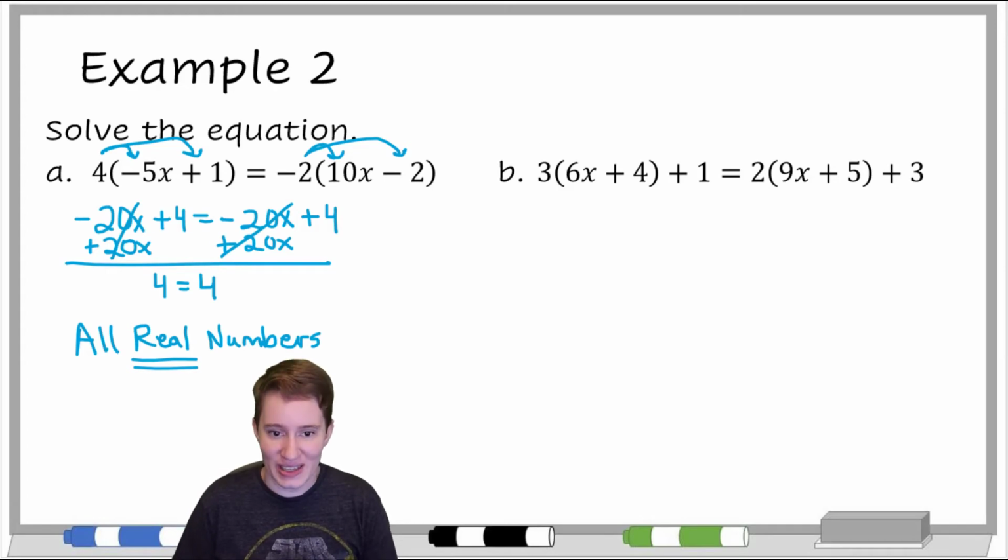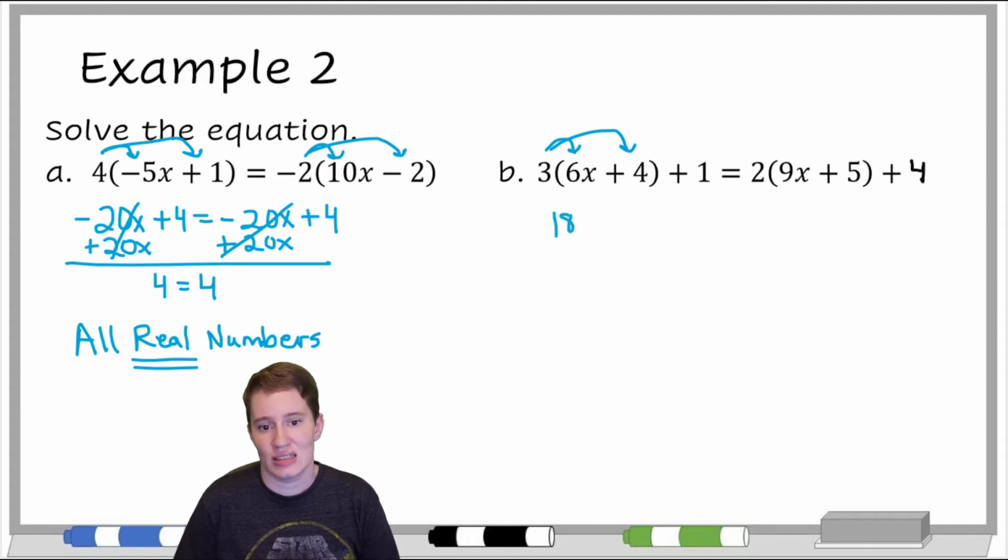Okay, all right, B. We've got this lovely equation that obviously looks completely typed and not at all like I messed up and had to change it and re-record, but it's fine. Let's distribute and do all that stuff. So 3 times 6x is 18x, and 3 times 4 is 12. Don't forget about this plus 1.